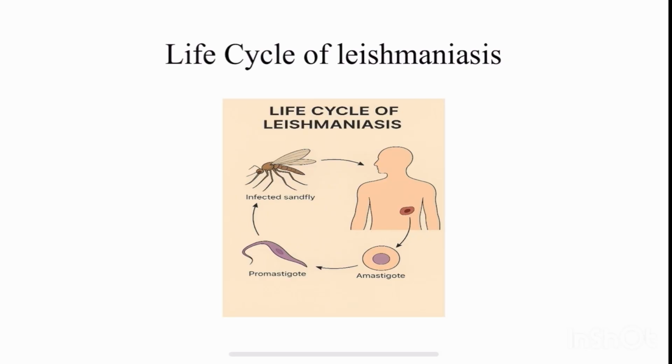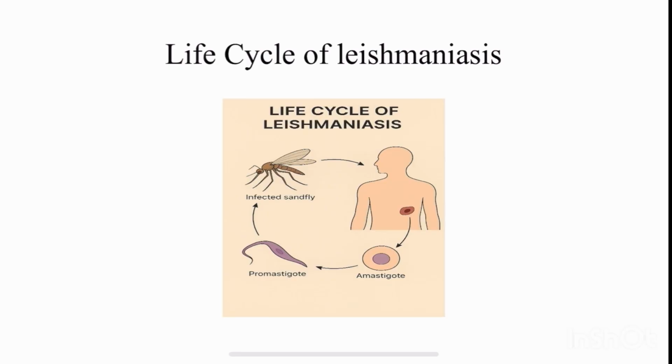This is a simple diagram. First of all, you can see the infected sandfly, and this will particularly be a female, because the female needs a blood meal for the growth of its ova. So this infected female sandfly will bite the human, rodent, or dog.